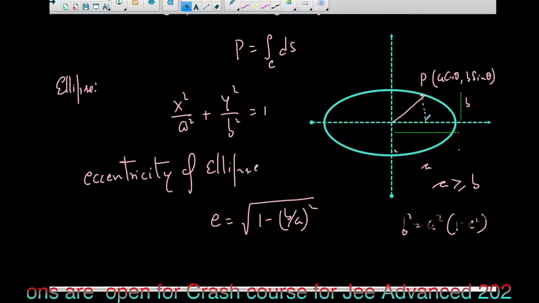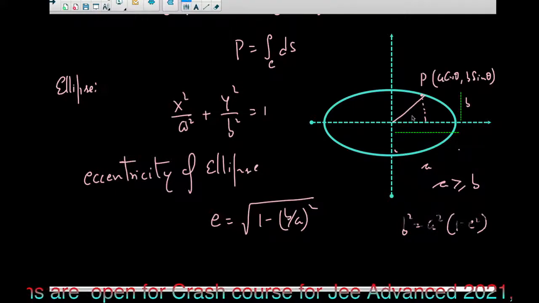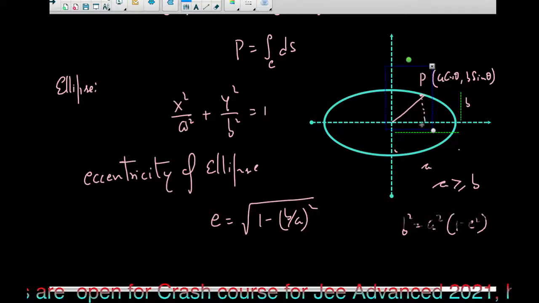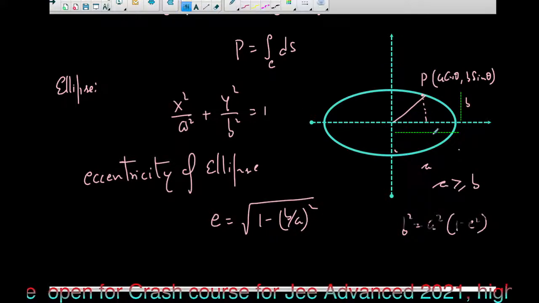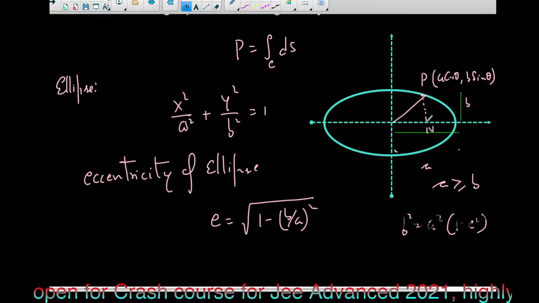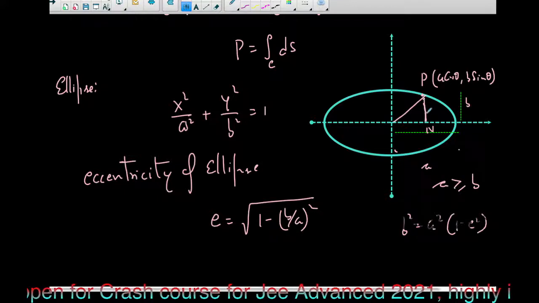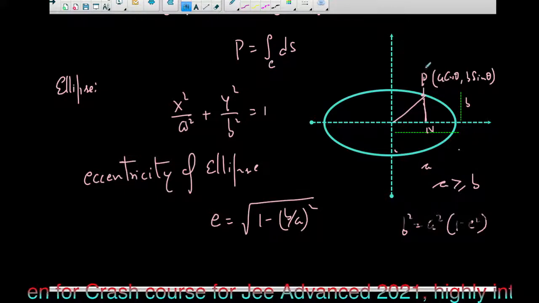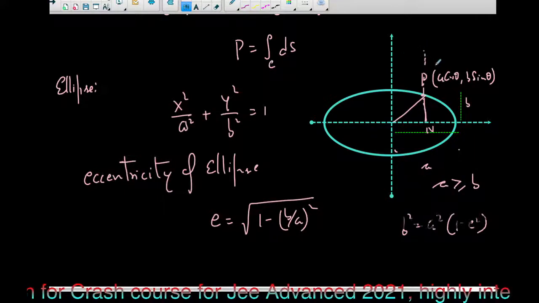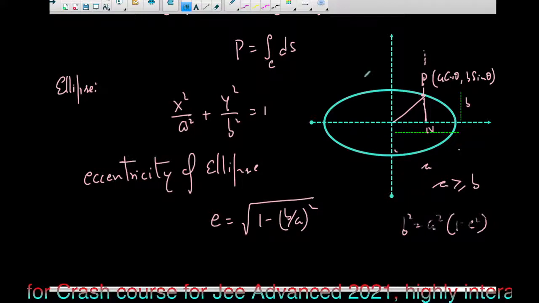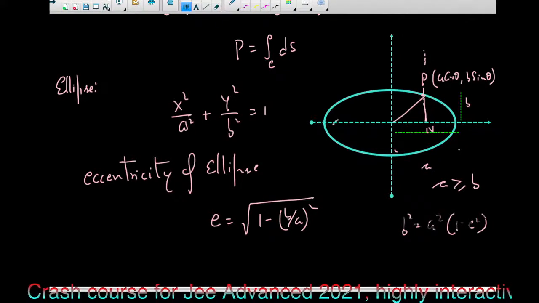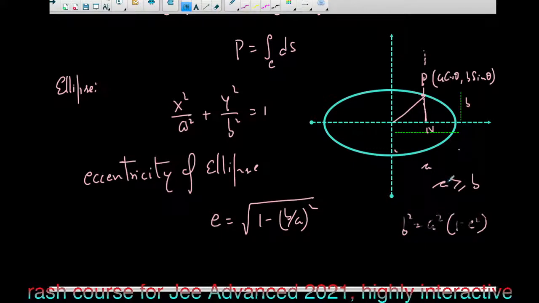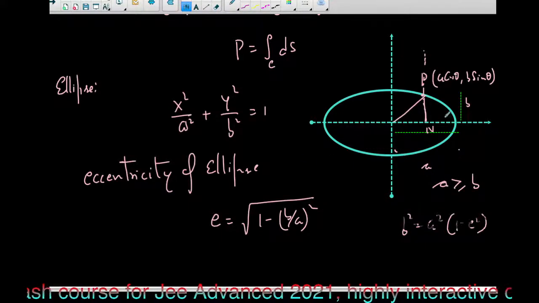If you extend this line PN, it intersects a circle having a diameter equal to the major axis, which has length 2a.